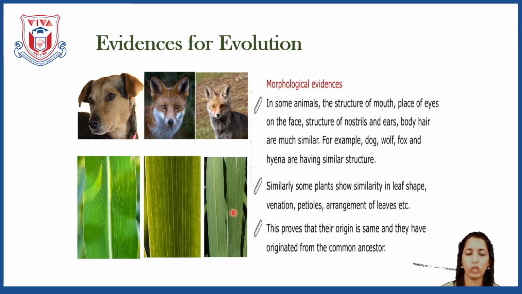It shows that they are again from one ancestor. So these morphological appearances, that is, physical and external appearances, prove that their origin is the same and they have originated from a common ancestor. Morphological evidence can prove that evolution has occurred: if we find a few animals or plants morphologically similar, we can say that they have one ancestor.